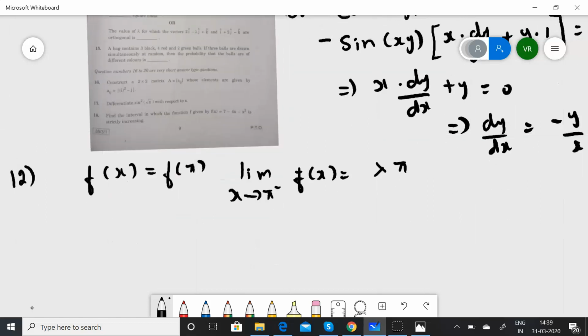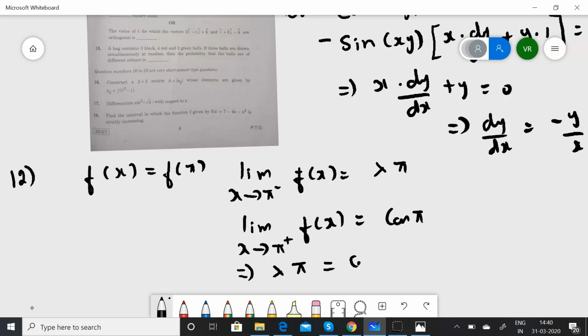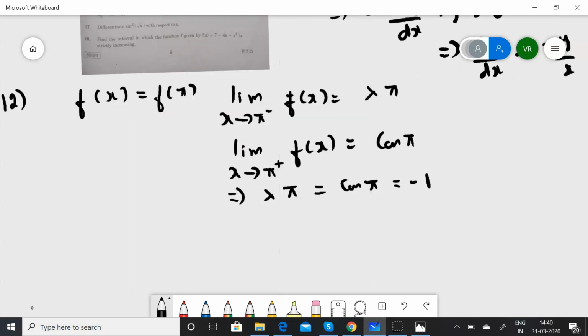This is the left hand limit. Now the right hand limit, x tends to pi plus of f of x, is going to be equal to cos pi. Now it is continuous at x equals pi, which means the left hand limit is equal to the right hand limit. So this implies lambda pi is equal to cos pi. But you know cos pi is equal to minus 1. Therefore lambda is equal to minus 1 by pi.